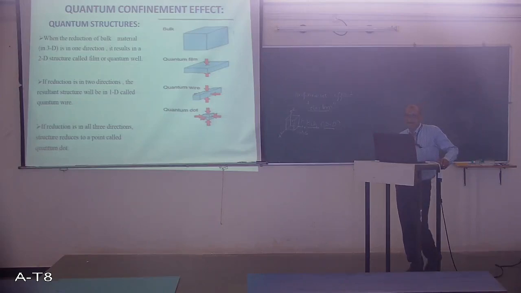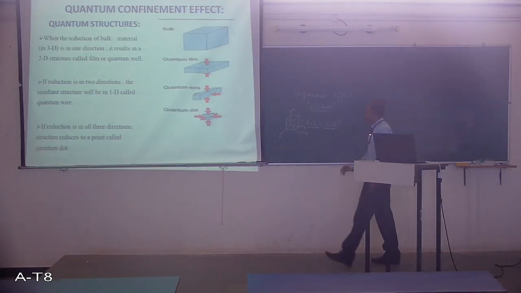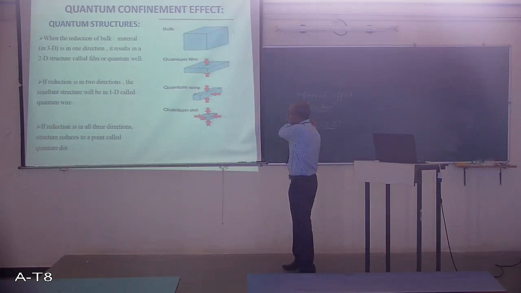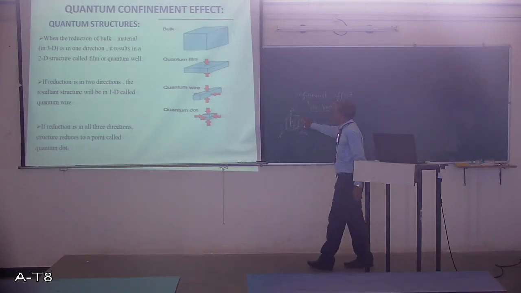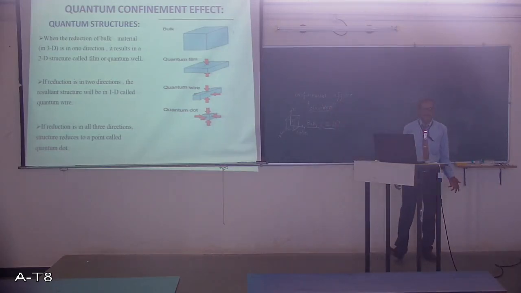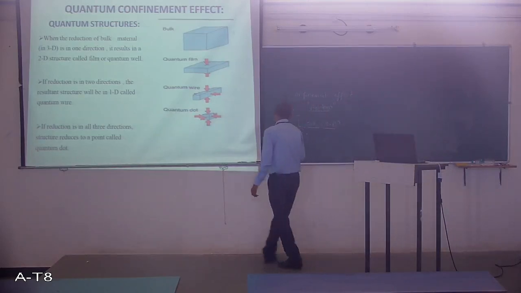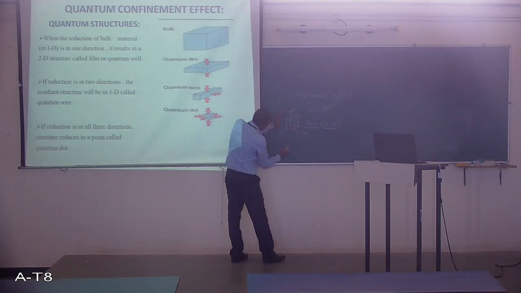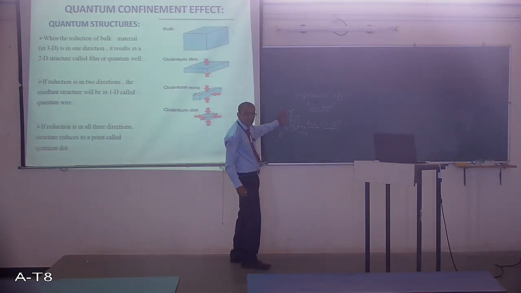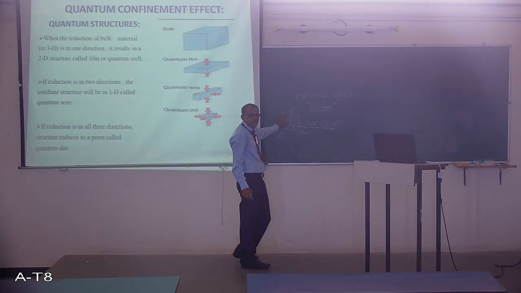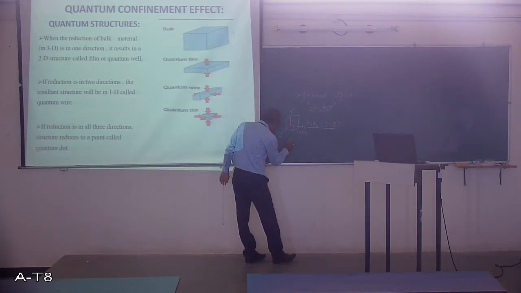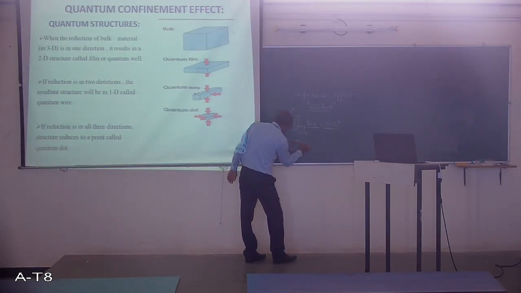If you reduce one direction in the bulk material, if you reduce the z direction, the resultant structure is a two-dimensional structure.